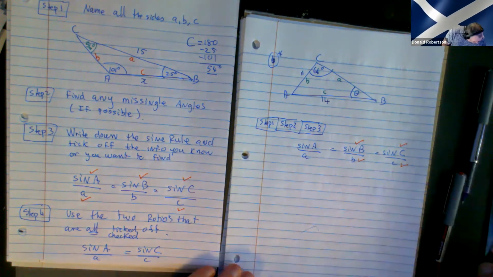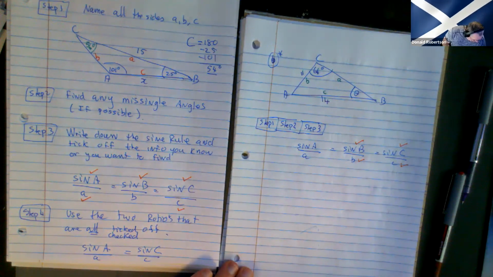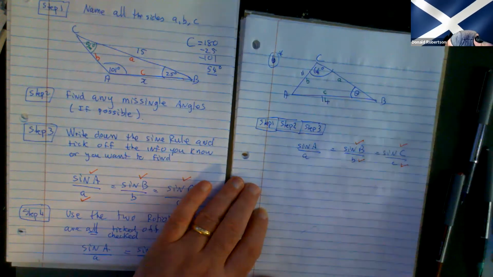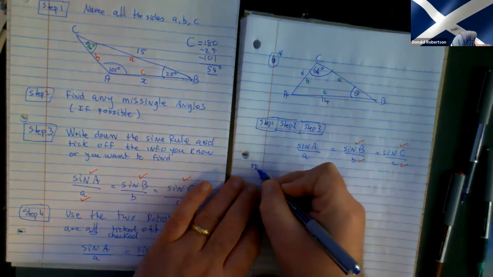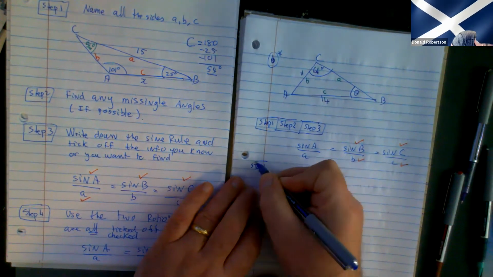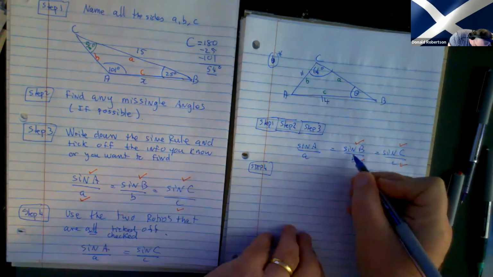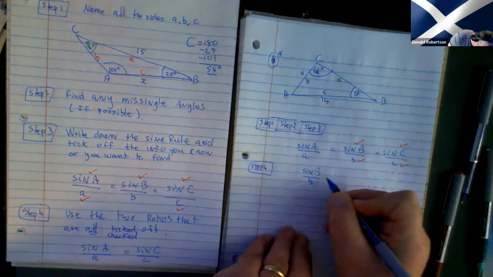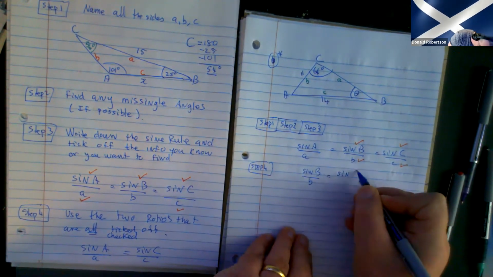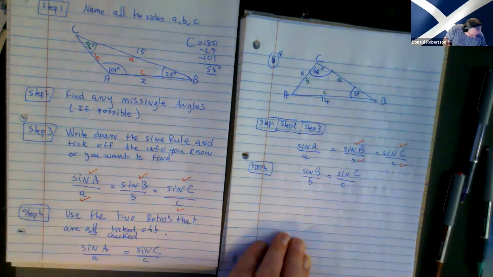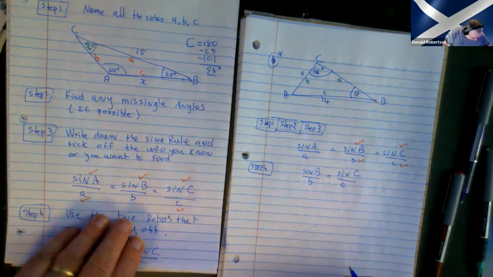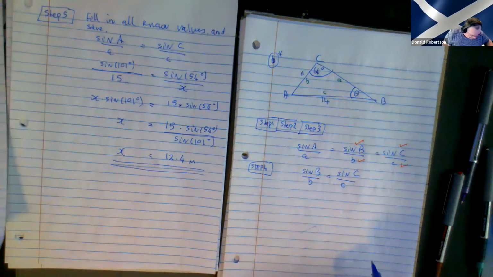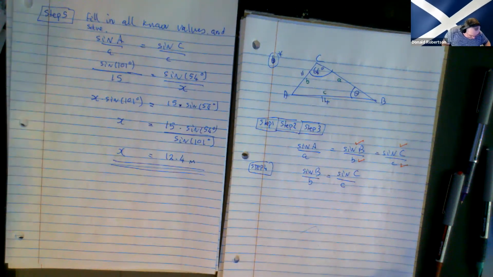So step 4 would be use the 2 ratios where everything is checked off. So step 4 can go here. So I'm going to take the sine B over little b is equal to the sine C over little c. And now I'm going to move on to step 5, which is fill in all the known values and solve.